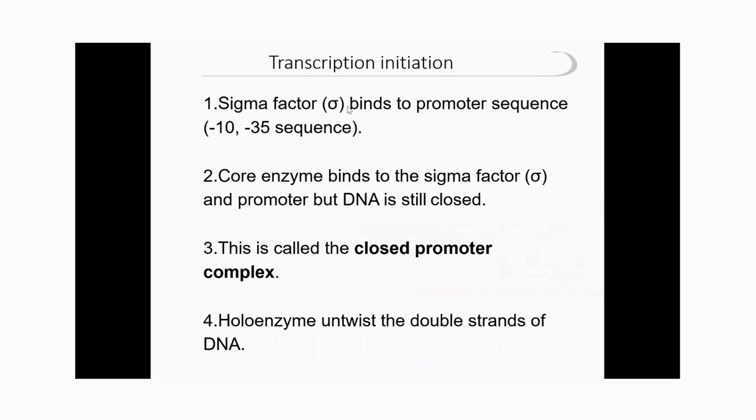The sigma factor binds to the promoter at the -35 and -10 regions, and the core enzyme binds to the sigma factor and promoter, but the DNA is still closed. So it is called the closed promoter complex. This holoenzyme untwists the double strand of the DNA molecule.